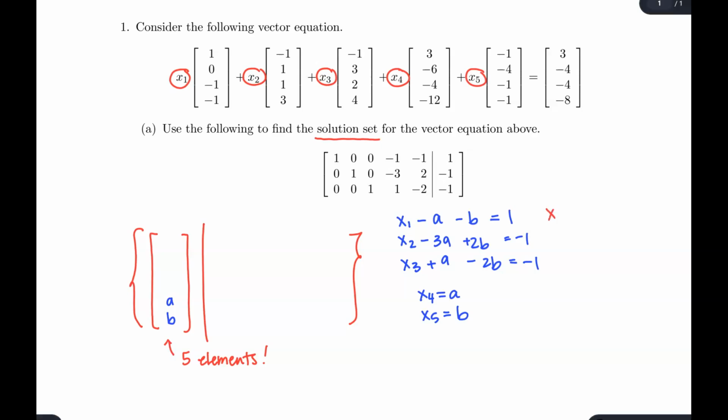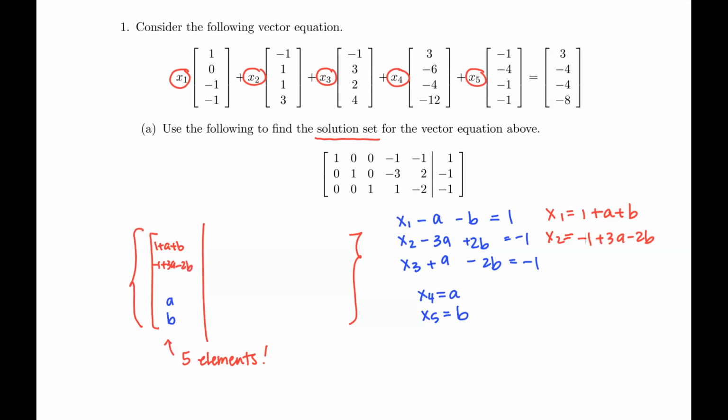So we'd have x1 is equal to 1 plus A plus B. x2 is equal to negative 1 plus 3A minus 2B. I should have given myself way more space. I can move that over.